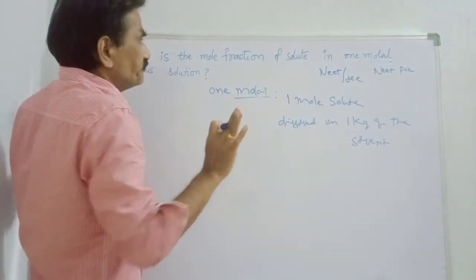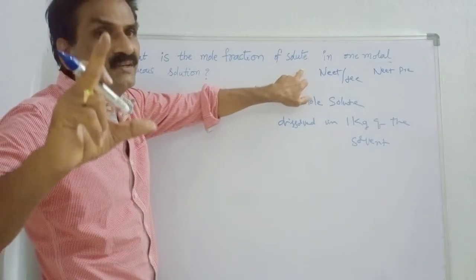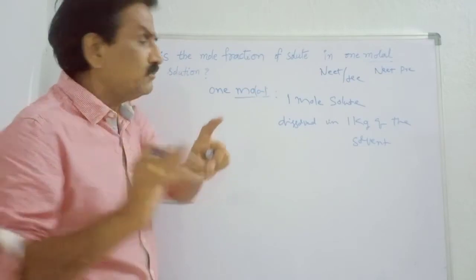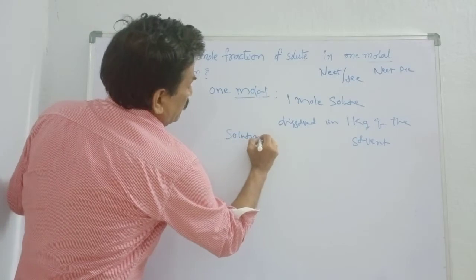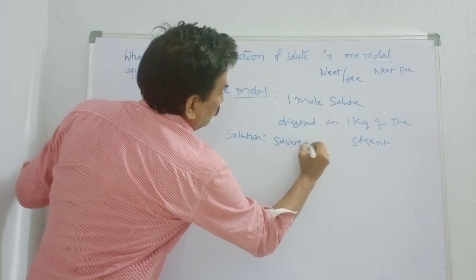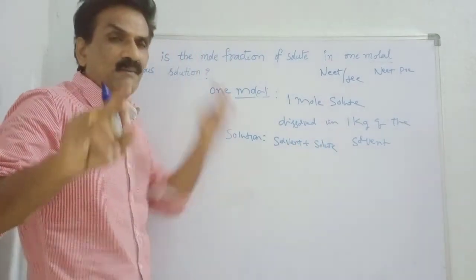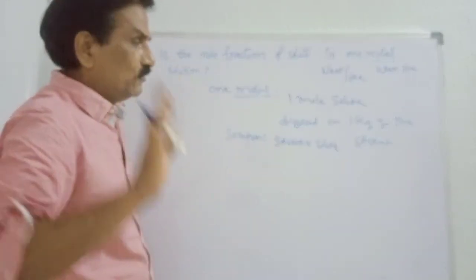Okay? What is the mole fraction he has asked? Solute mole fraction he has asked. You know what solution means? Solution means solvent plus solute. He has asked solute mole fraction. Okay.